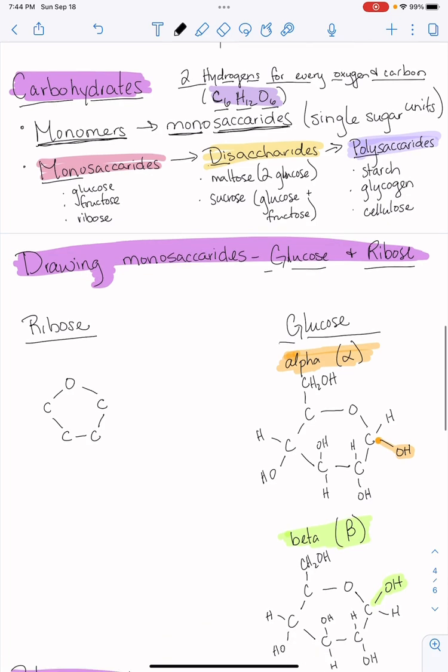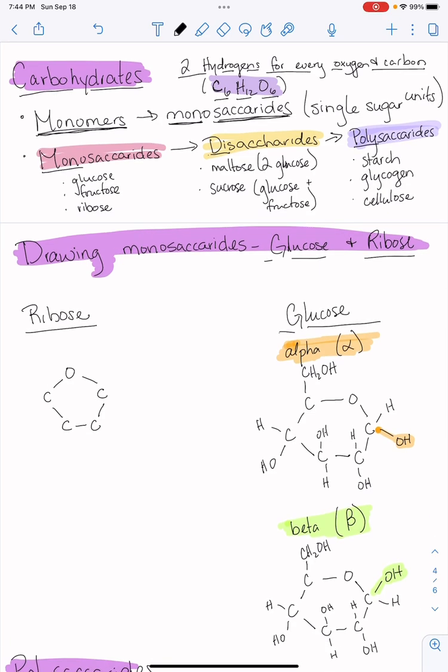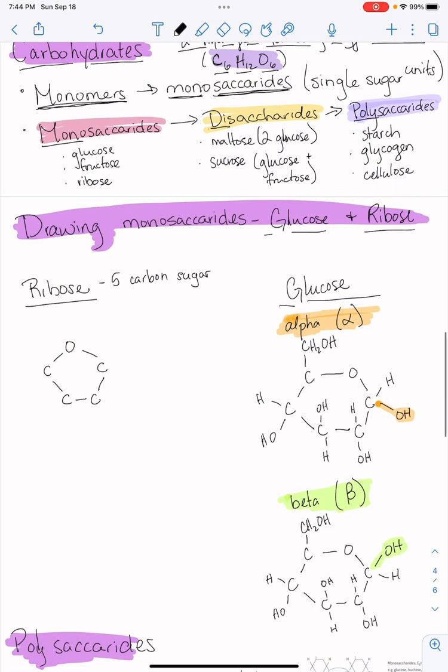So ribose is a 5-carbon sugar, meaning that it has 5 carbons in it. We start off with, technically right now, only 4 carbons, but there's another carbon, I assure you.